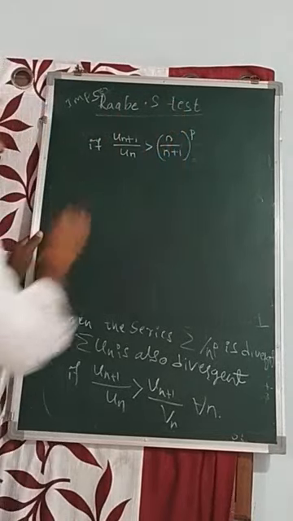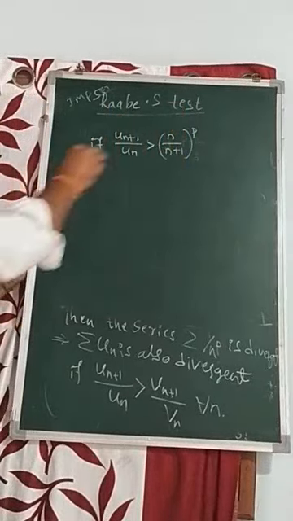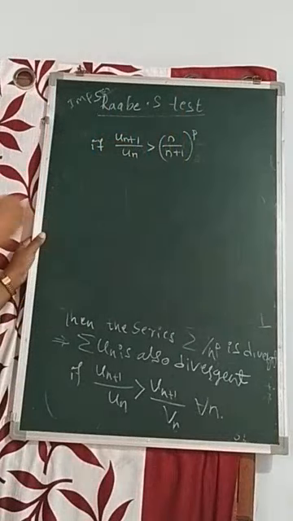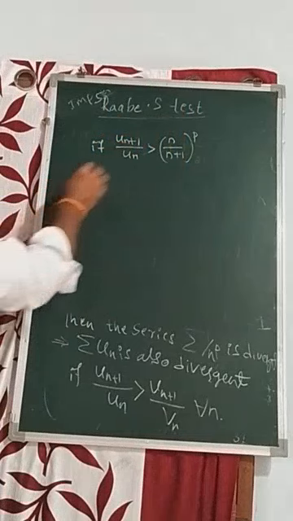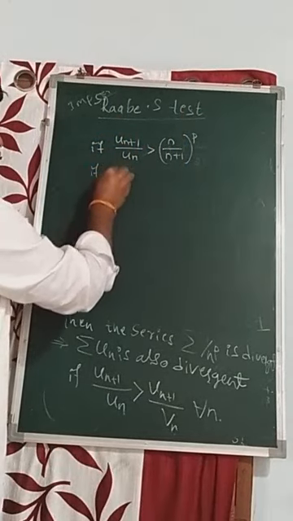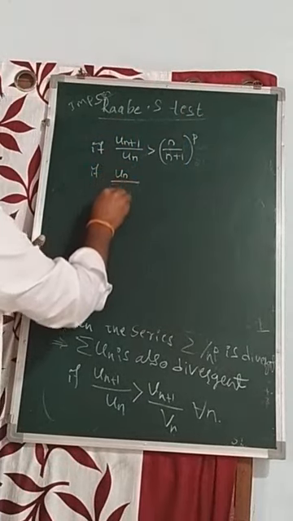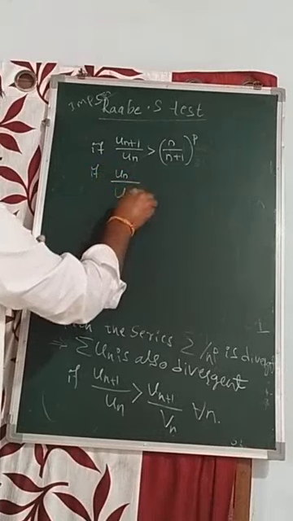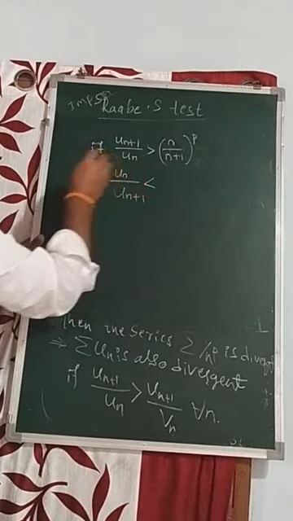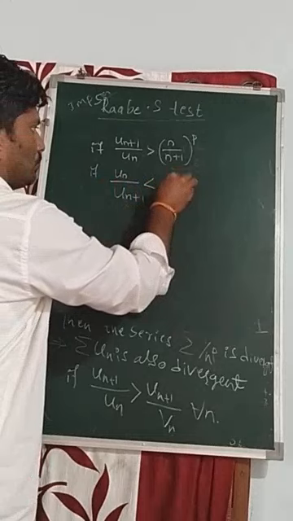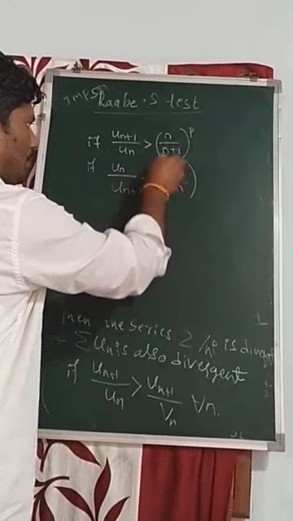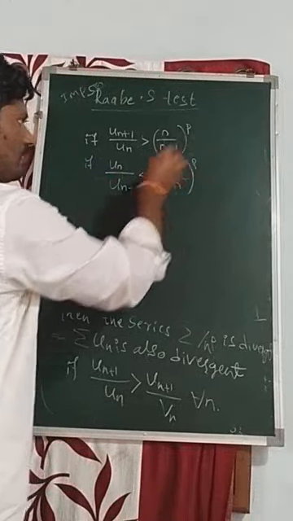Okay, total term is like that. Next, reverse this statement. If un divided by un plus 1 is less than n plus 1 divided by n raised to p.